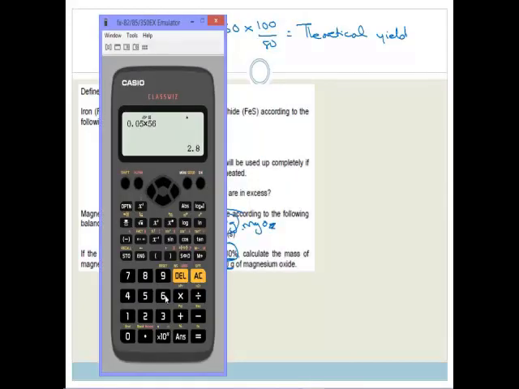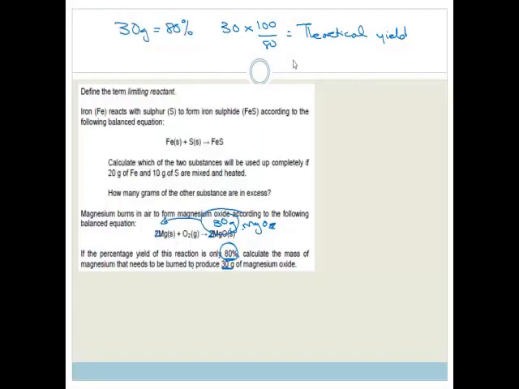So we've got 30 times 100 divided by 80 equals 37.5. So theoretically, we should have got 37.5 grams of magnesium oxide, but we only formed 30. But it doesn't matter. We're going to use this 37.5 to work out how much we should have burnt to get that.